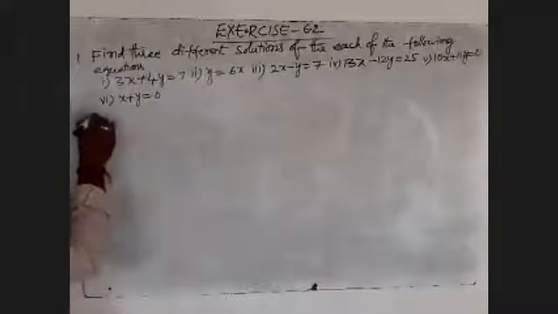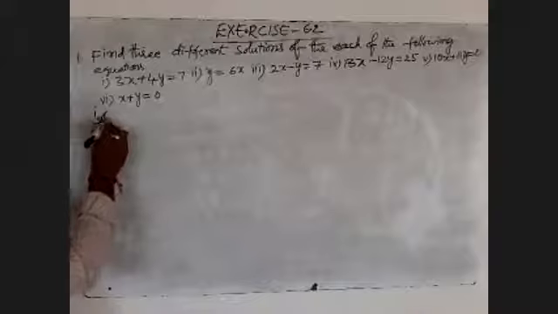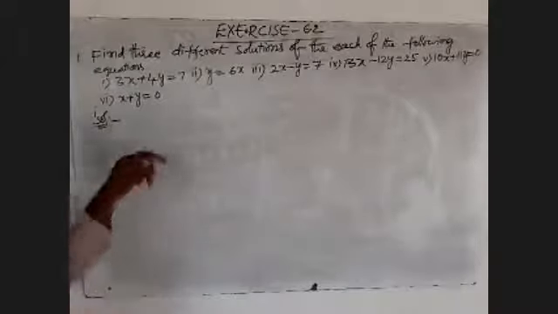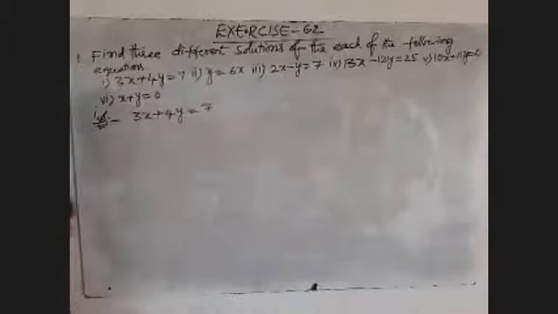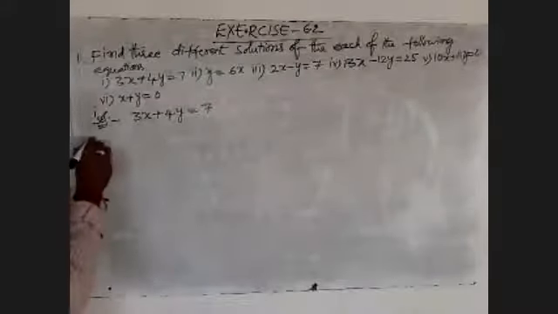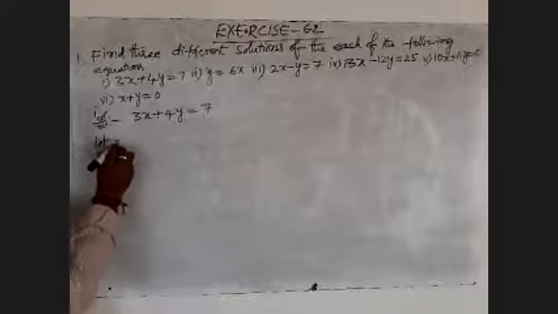I will take the first one. What I am asking in this given problem? Find three different solutions of each of the following equations. First, I will take the given equation, that is 3x plus 4y is equal to 7. First, let x is equal to 0.